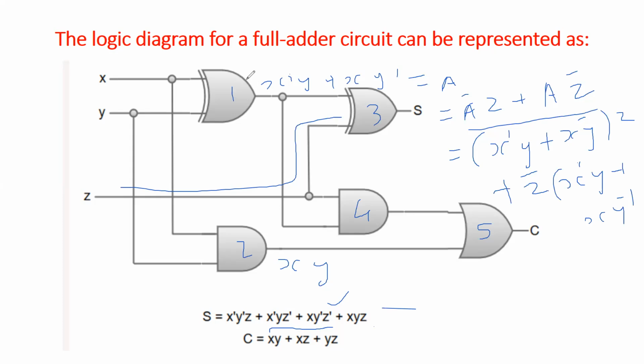This one. So this is your full adder circuit using your AND gate, OR gate and your XOR gate.